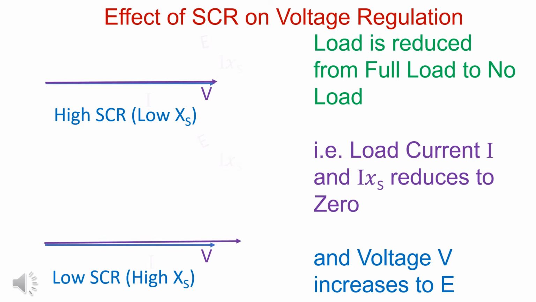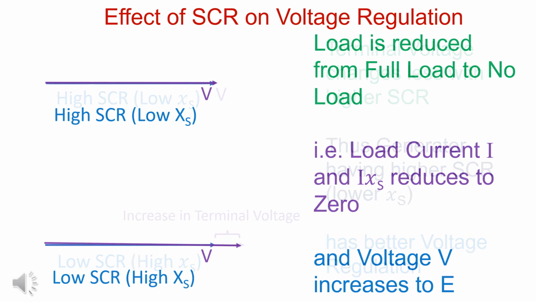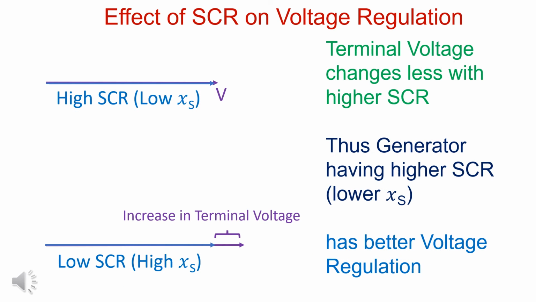When a load is reduced to zero, load current I and I Xs reduce to zero. Terminal voltage becomes equal to induced EMF E. Terminal voltage changes less in a generator having high SCR. The generator having high SCR has better voltage regulation.